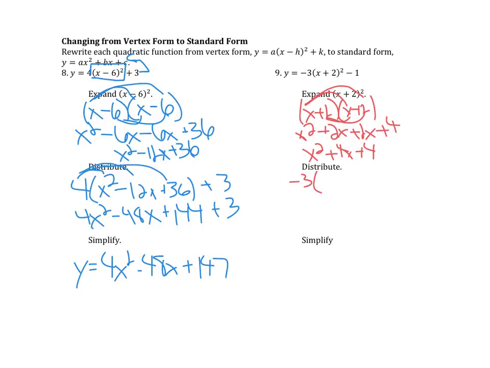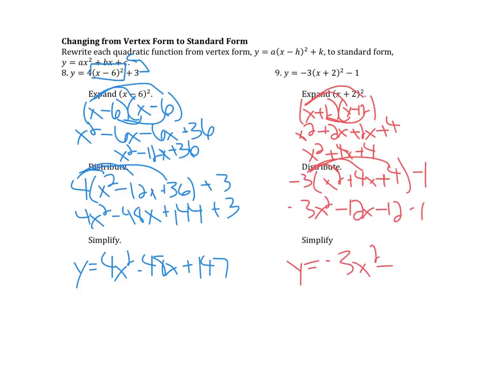Now we're going to distribute that negative 3 in. So we get negative 3x squared minus 12x minus 12 minus 1. So y equals negative 3x squared minus 12x minus 13.